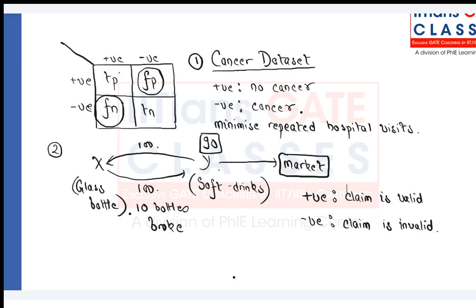So now it depends on the perspective. So okay, let me just reframe this because this is sounding a bit confusing. Positive would mean that Y is true, right?